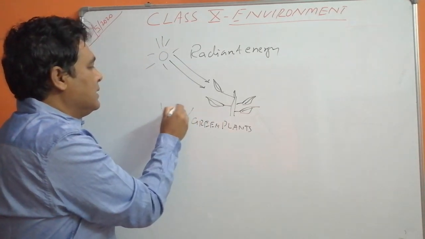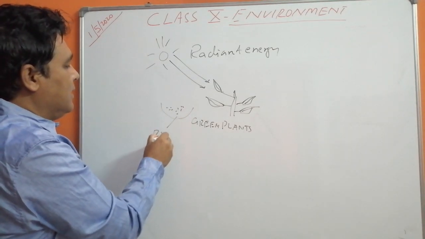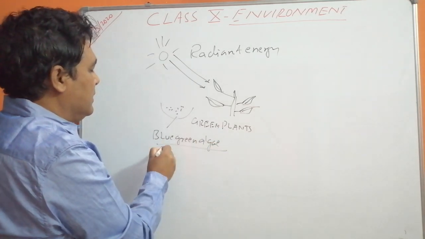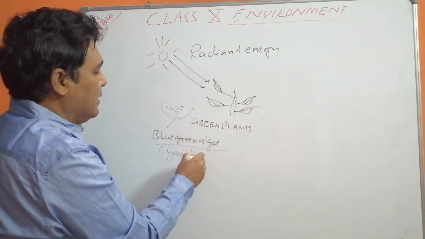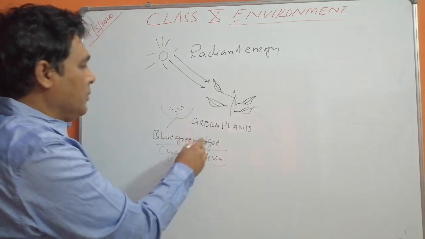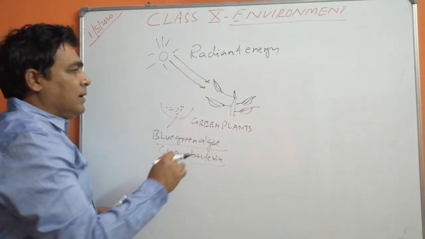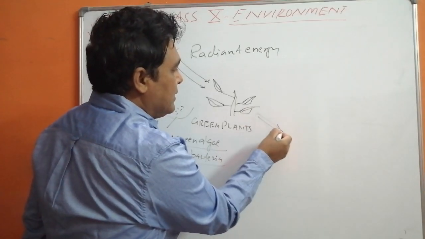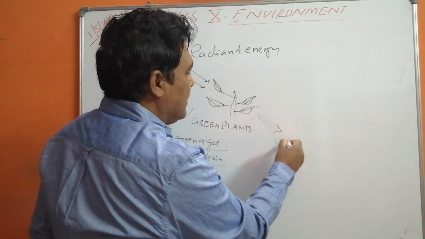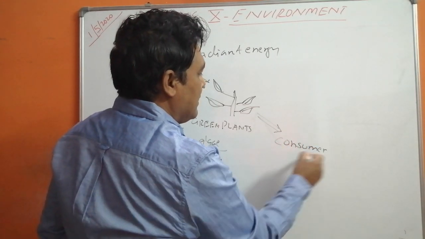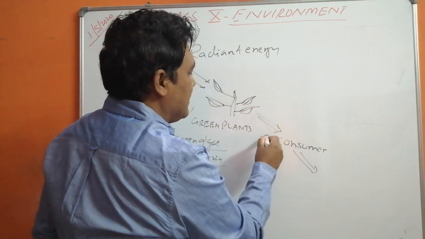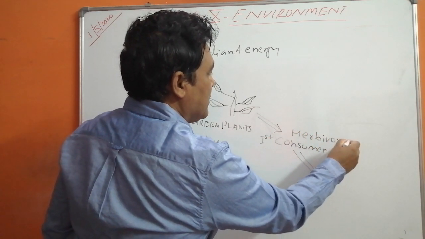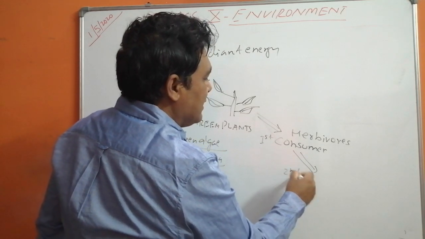Sometimes in the water there are blue-green algae, cyanobacteria. They are the largest producers in the sea. Then the food is passed on to the first consumer, which are herbivores. Then it goes to the second consumer.